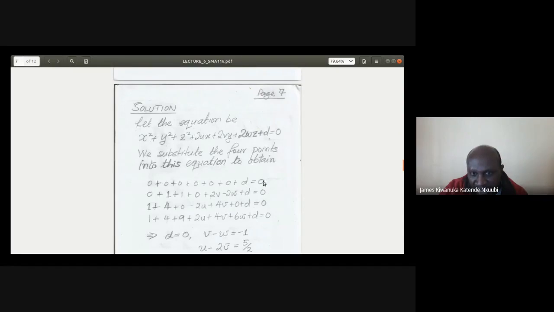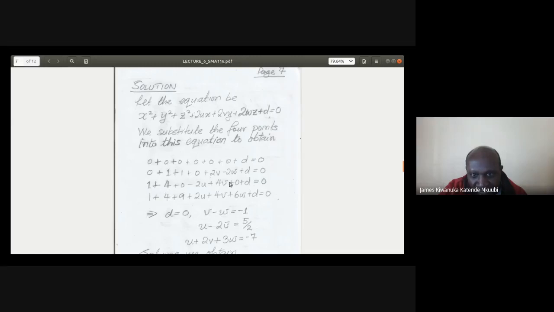So the first one clearly tells you that d is equal to 0. The second one, there's a 1 here. Since d is 0, this 1 plus 1 will be 2. So the second one, after simplification, says v minus w is equal to negative 1.